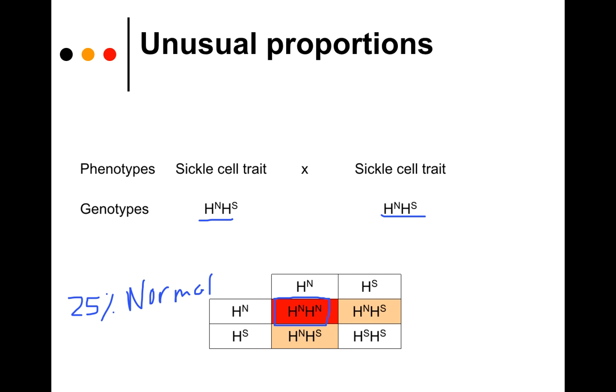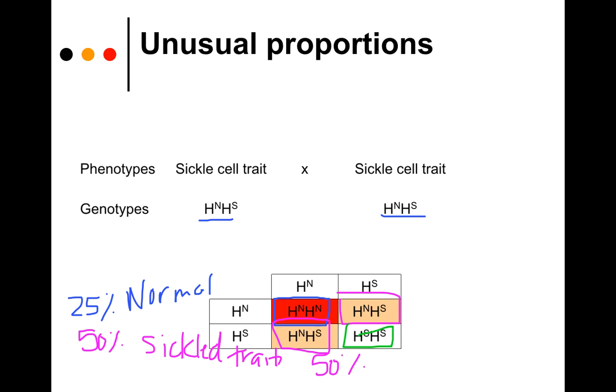We would have a 50% chance, or 2 out of 4, to have the sickle trait, which is 50% sickled, or we can have a 25% chance of having 100% sickled.